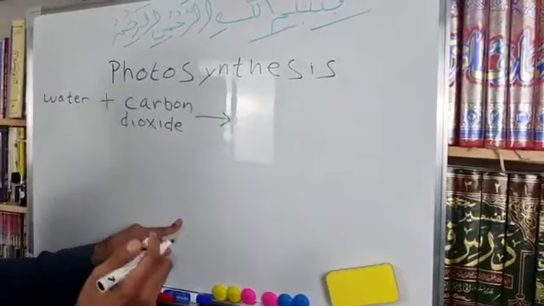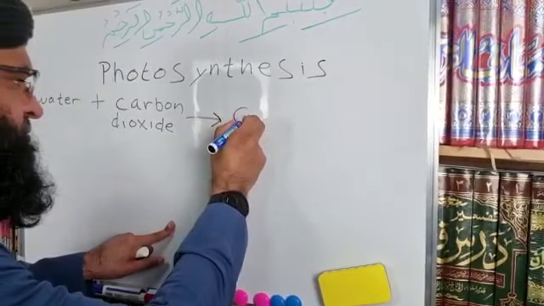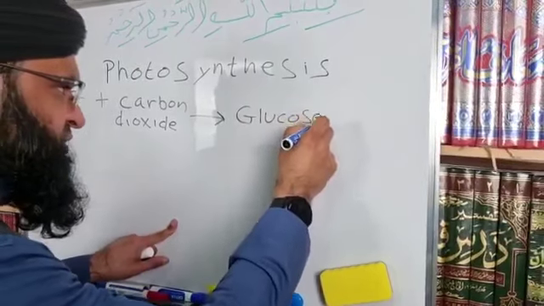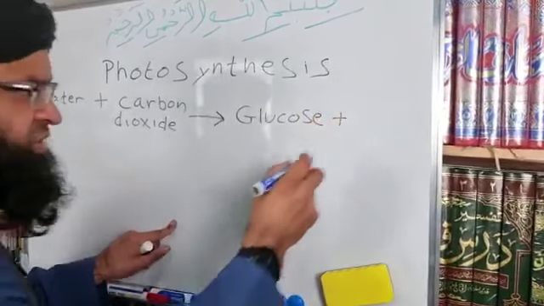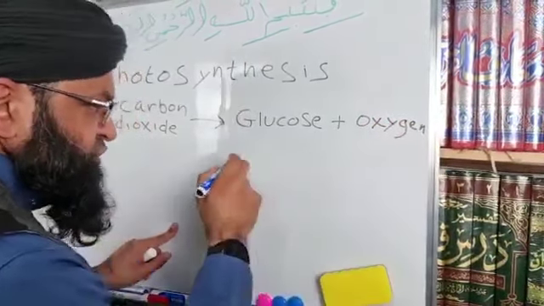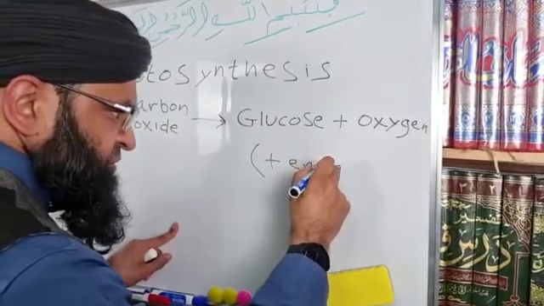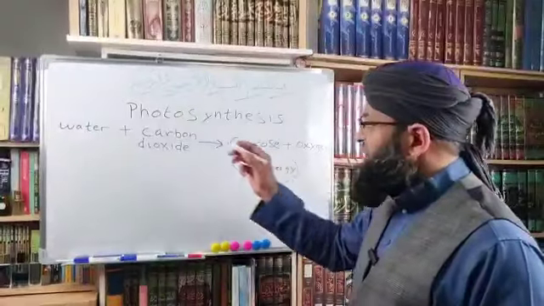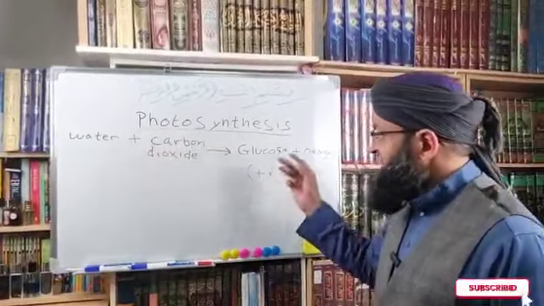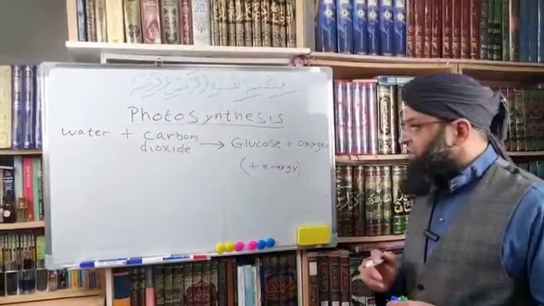On this side, we have the products, which are glucose plus oxygen plus one more thing, which I'm going to put in brackets for now, energy. So there we have the photosynthesis word equation. Water plus carbon dioxide gives us glucose and oxygen, plus energy, which we're going to go over in a later video.